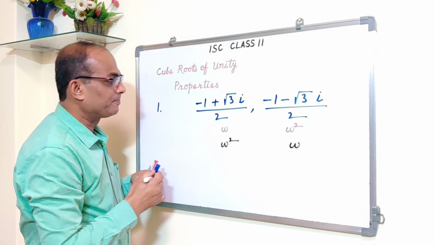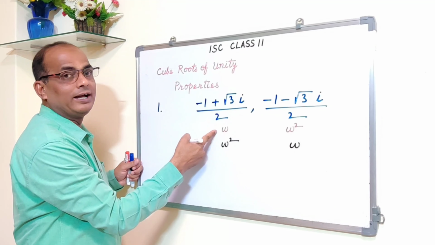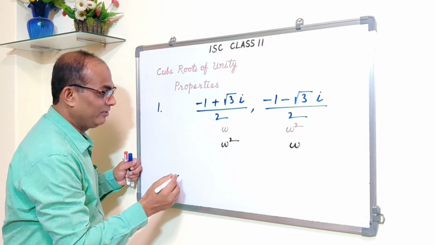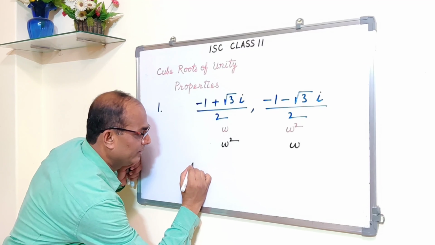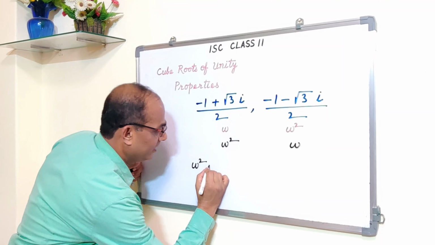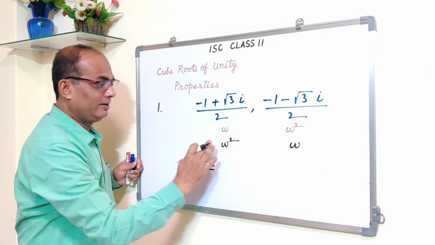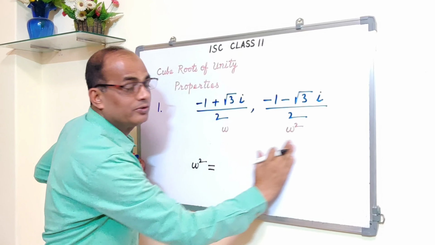Now let me show you. If we take this as omega, let's find out omega square. There shouldn't be any confusion.